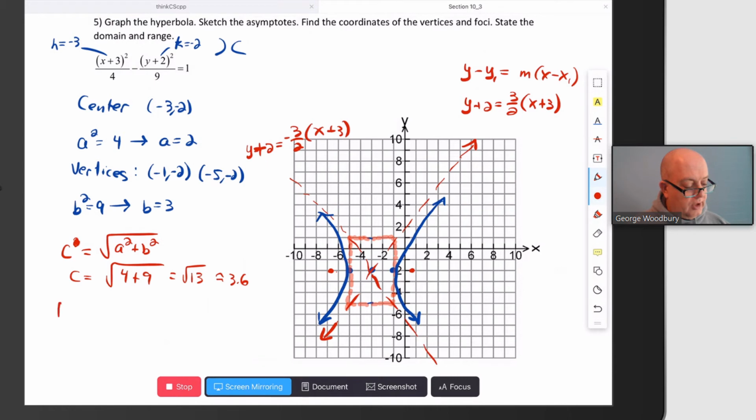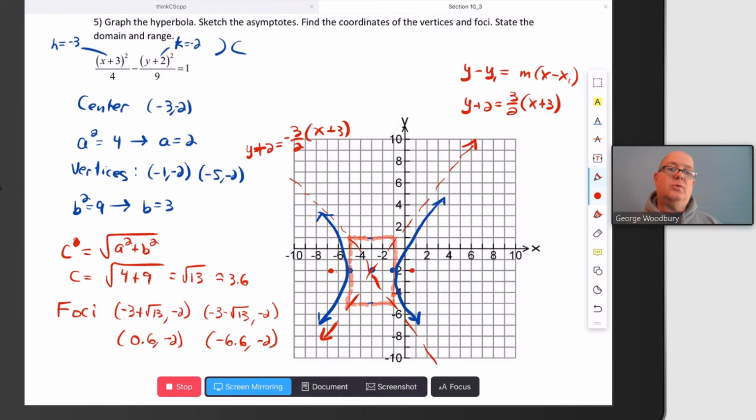So the foci, the exact coordinates are -3 plus root 13, comma, -2, and -3 minus root 13, comma, -2. Using the fact that the square root of 13 is about 3.6, -3 plus 3.6, that's 0.6, and -3 minus 3.6, that's -6.6. And if you look at the coordinates on the graph where I drew them, you can see that that lines up with what we just found.